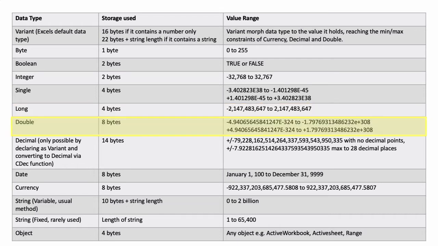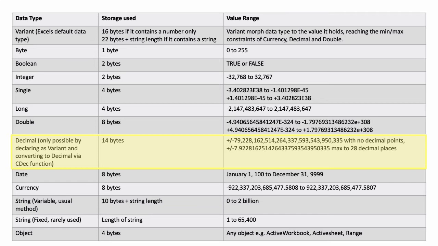Then you have Double, which is up to another level of accuracy than Single. And then Decimal, which is a bit of an unusual one, which you may not use. First of all, it's a large 14 bytes, but you'll see that it goes up to a very large number and a very large number of decimal places.